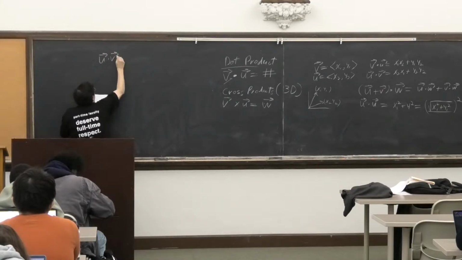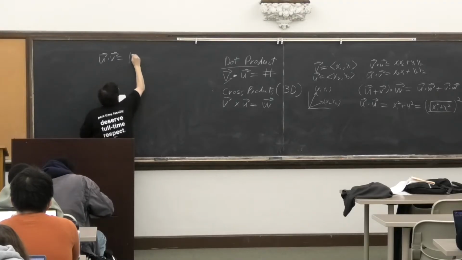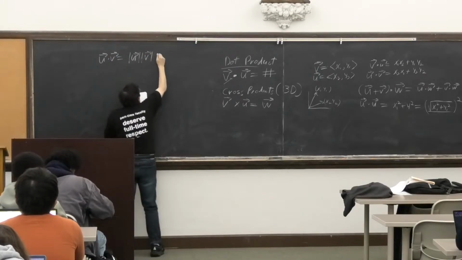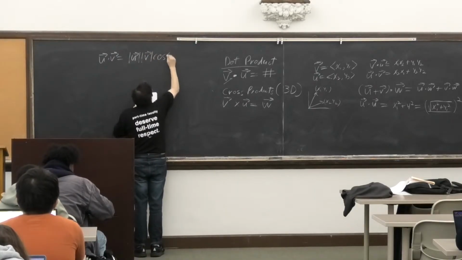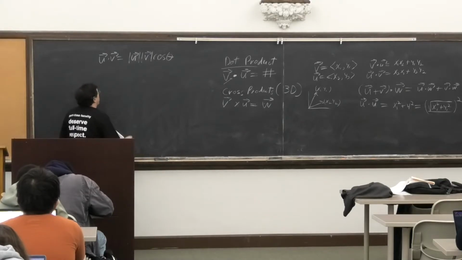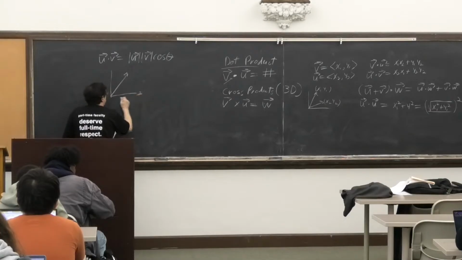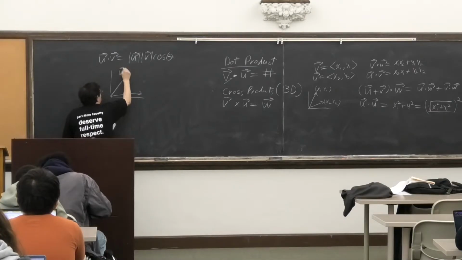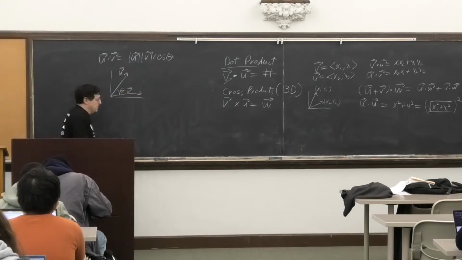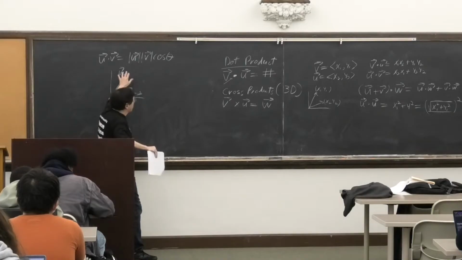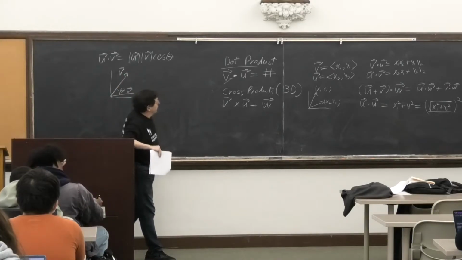U dot v is the norm of u times the norm of v times the cosine of theta, where you have some u, some v, and the angle between them. Now, it turns out that having both these definitions is really useful.